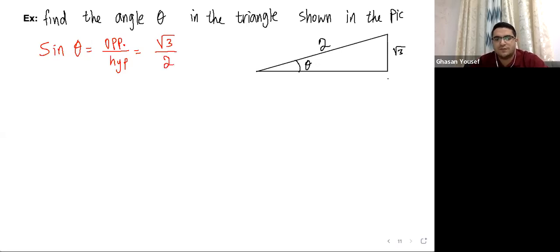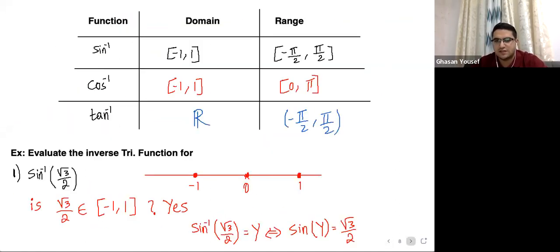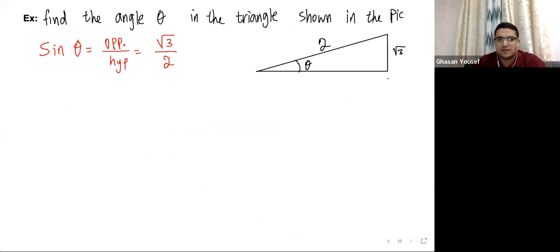The hypotenuse is 2. Now I can find the value of theta by using the inverse function, right? So by using the inverse, I can find the value of this theta. Take the inverse of both sides.